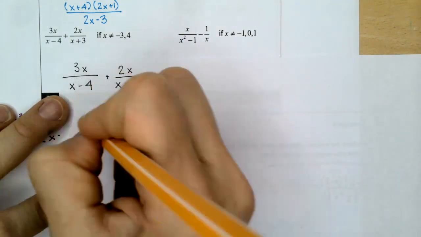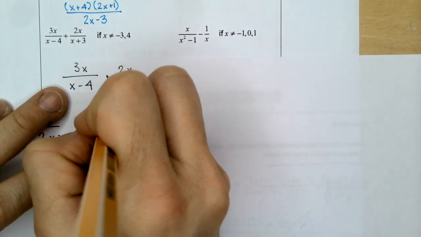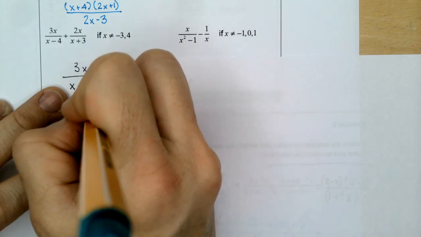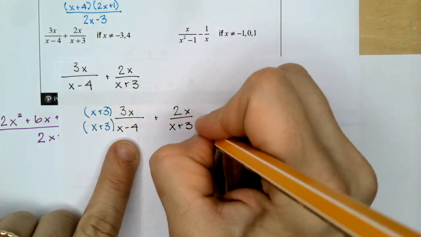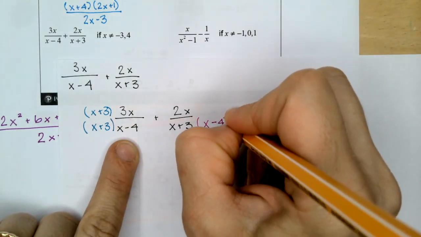So this x minus 3 is going to be multiplied on the bottom and on the top over here. And then this x minus 4 is going to be multiplied on the top and the bottom over here.